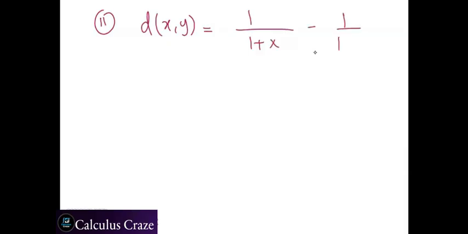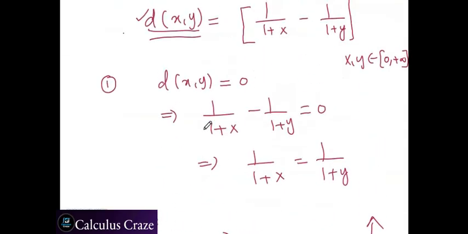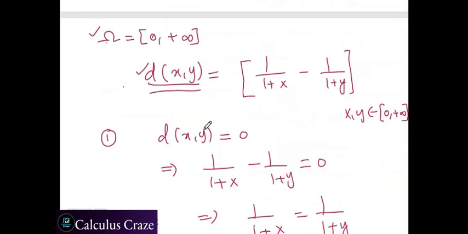Second is this one, distance between x and y. This is 1 upon 1 plus x minus 1 upon 1 plus y. Now if I take distance between y and x, what is going to be this: 1 upon 1 plus y minus 1 upon 1 plus x. Are these equal now? Yeah, there will be a mod.